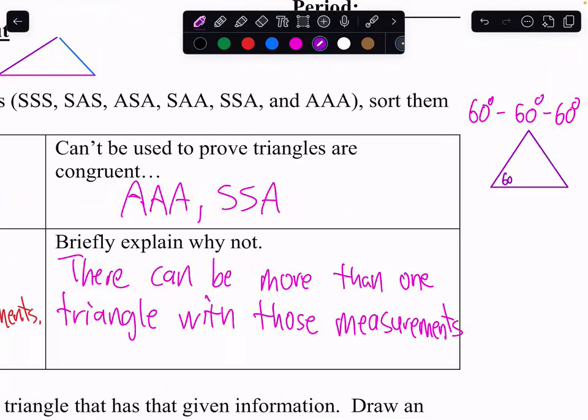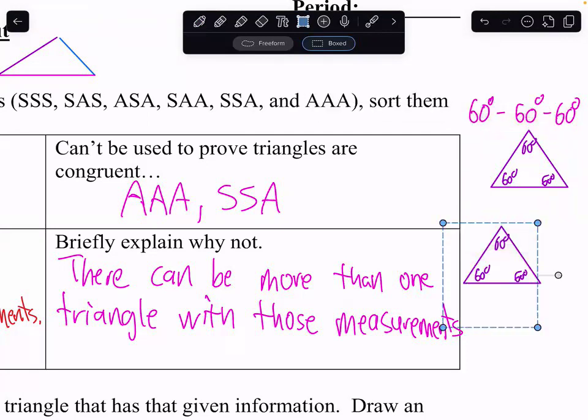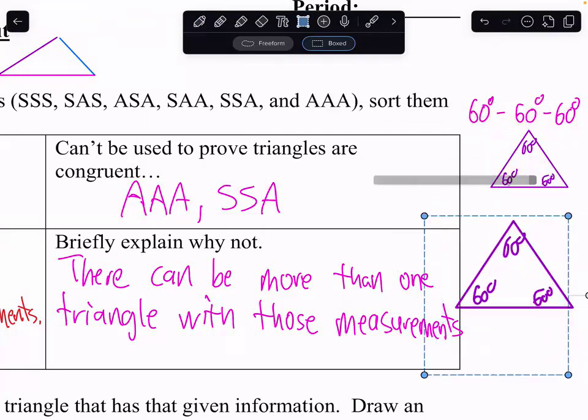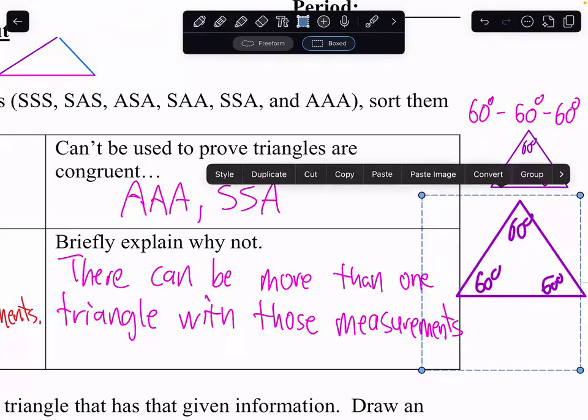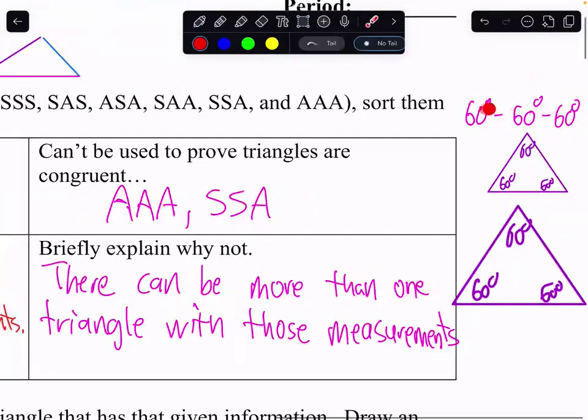This would work, right? But if you took that exact same triangle and doubled all the side lengths, it would also be a valid triangle, but this one would be larger, so they're not congruent anymore. Right, so just by having three angles, that doesn't mean I know what triangle you drew. There's many possible triangles that fit those measurements.